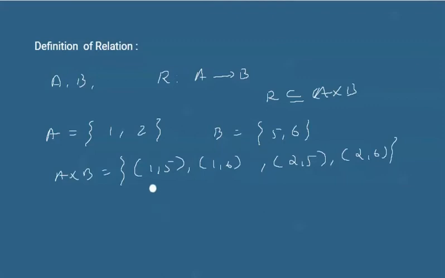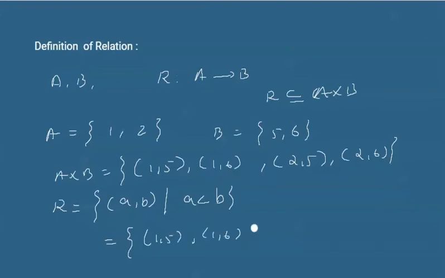So here I'm to define a relation. R is equal to those (a, b), or (x, y), whatever you want to take, such that the condition is a must be lesser than b; the first element must be lesser than the second. So let us write that relation. See, 1 is lesser than 5, so you can write (1, 5); 1 is lesser than 6, so you can take (1, 6) also, (2, 5), and of course (2, 6) also.